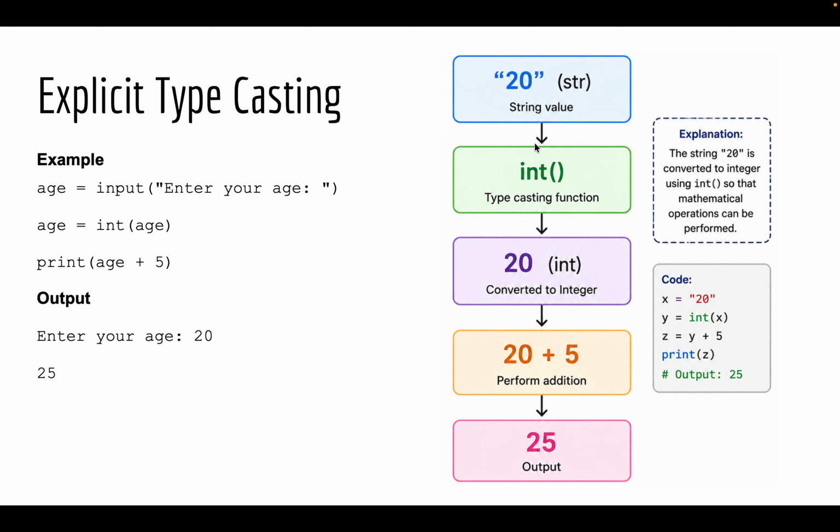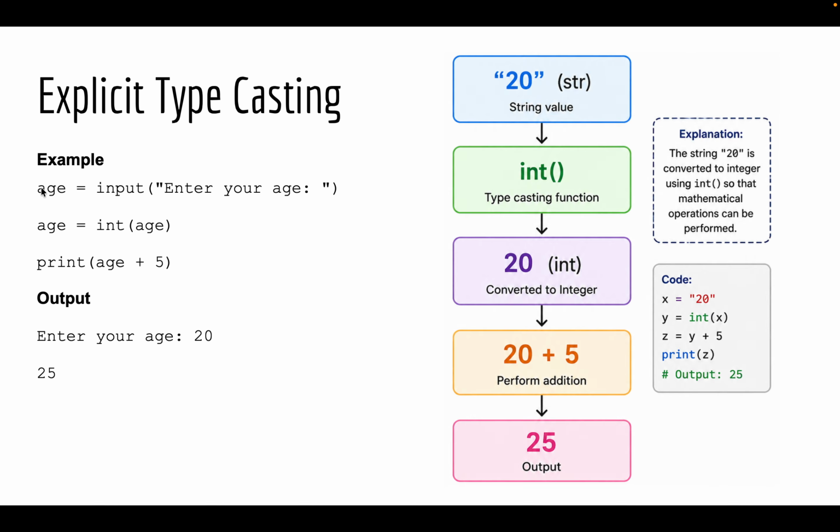That can be done using the int() function. When using the int() function on the entered string, the string which we got as input will be converted into an integer, and with this integer we can perform the operations we need, and finally the output will be displayed. And this is how explicit typecasting works.